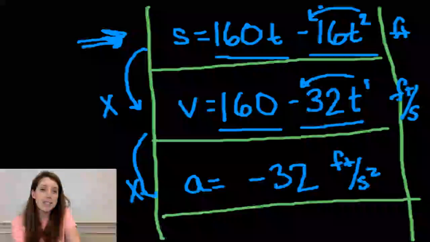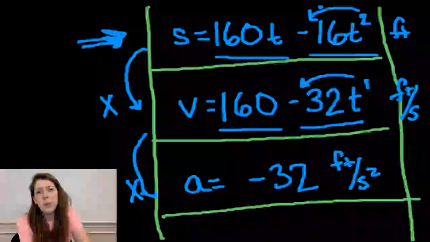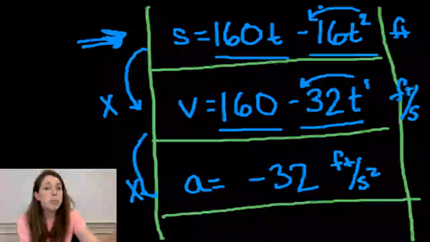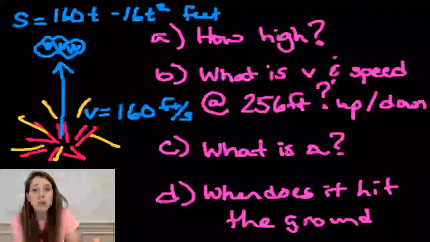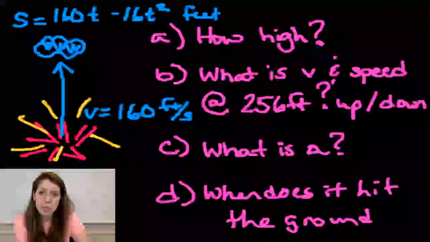The problem is, in order for us to figure out how high the function goes, we would need to know at what time we are reaching the highest point. And our position equation, honestly, doesn't give us any of that information. And even if we go back to our problem, it doesn't tell us how long it takes to get to the highest point.